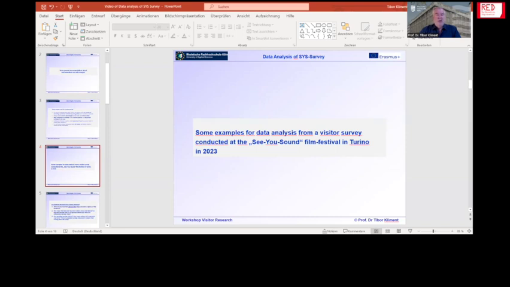This survey was conducted in February, and we collected more than 120 interviews with visitors of this festival. So this is the background of our database.